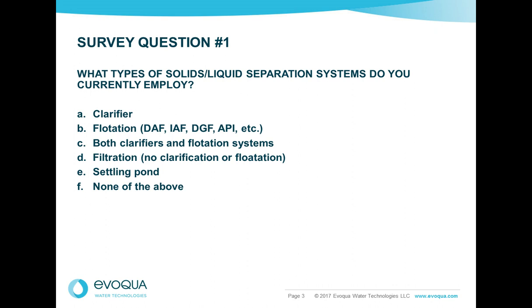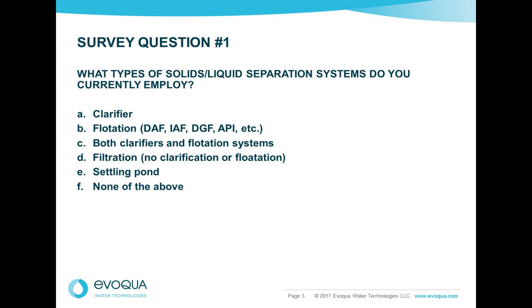Yes, Alex, thank you. So folks, you'll see a survey come up on your screen. If you would just take a moment to enter in your thoughts. The question is, what types of solids liquid separation systems do you currently employ? Clarifier, flotation, such as DAF, IAF, DGF, API, etc. Both clarifiers and flotation systems.